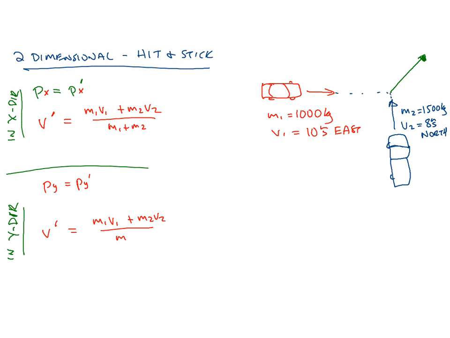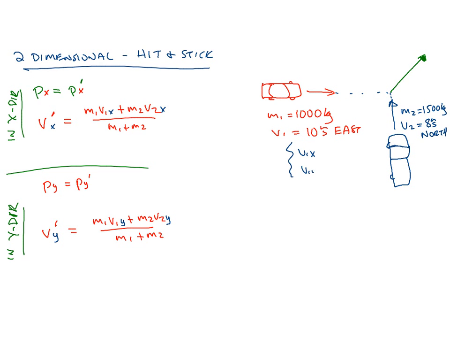And the difference between the two, again, is that up here I only want the x components of the velocities, and down here I only want the y components of the velocities. But other than that, it's exactly the same.